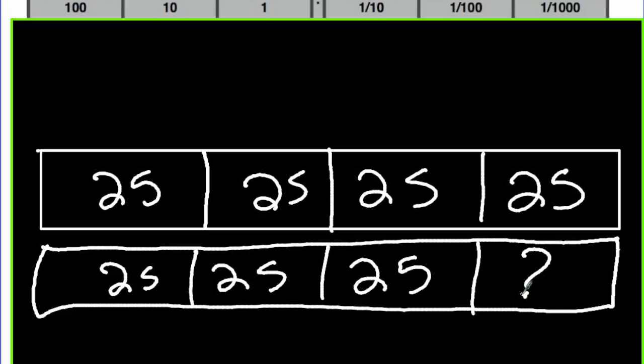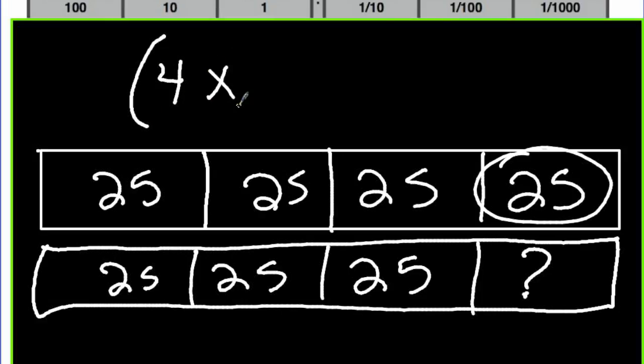The one on top has more 25s. How many more 25s does it have? It has 1. So what's the difference between the 2, everybody? 25. So you've got to write a numerical expression. 4 times what? 25.